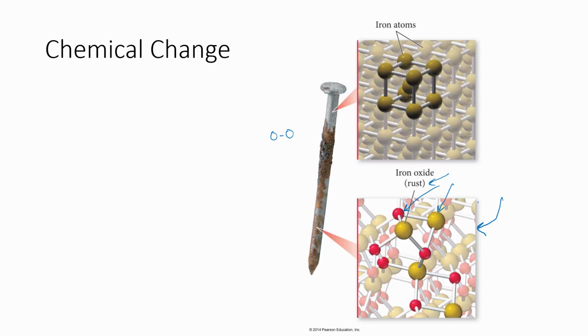Before, when we were talking about dry ice or water, even though the interactions between one water and another water might change as they go from a solid, a liquid, or a gas, or back again, the molecules involved were still water. In a chemical change, what we're seeing is that the substances turn into something new. So that's a key aspect of this. A new compound or substance is formed.